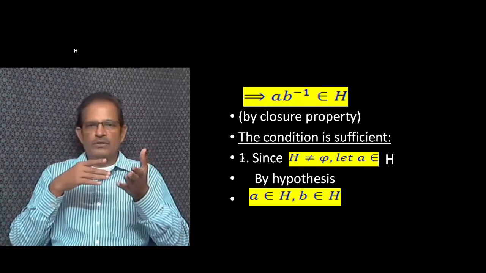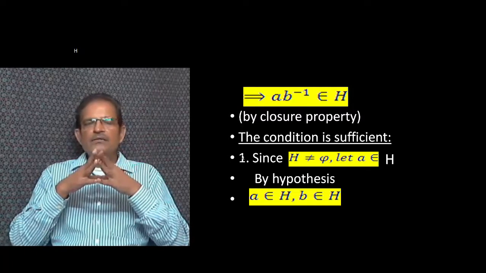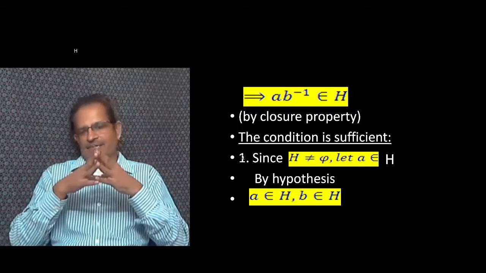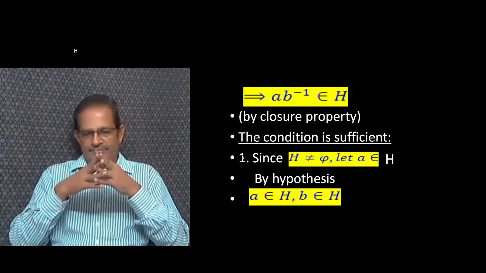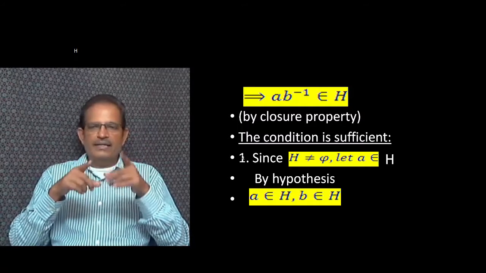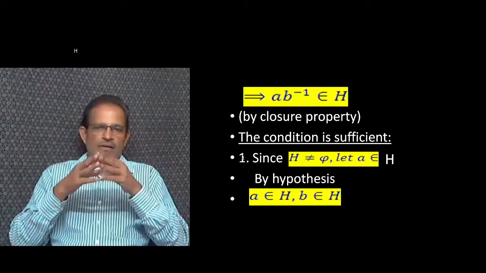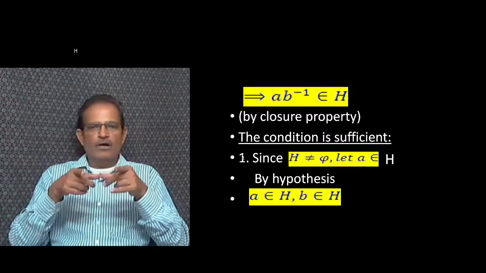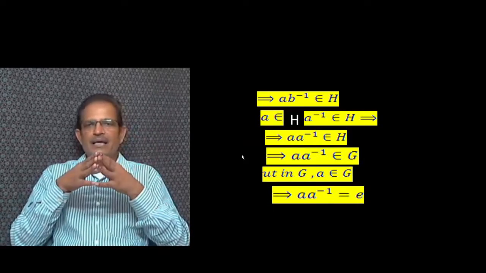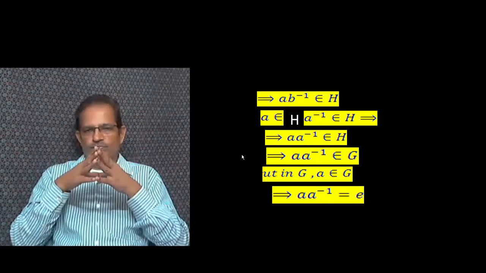Now we prove the condition is sufficient. Since H is not equal to phi, where phi means the null set, H is a non-empty set, so there must be at least one element in H. Let A belong to H. By hypothesis, A belongs to H, B belongs to H implies A B inverse belongs to H. That is true.